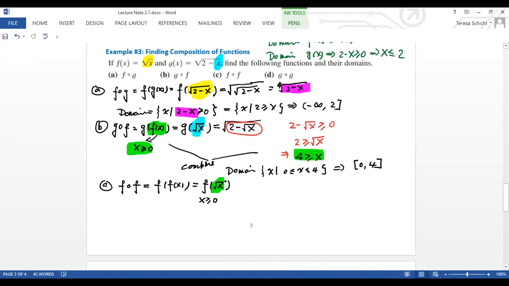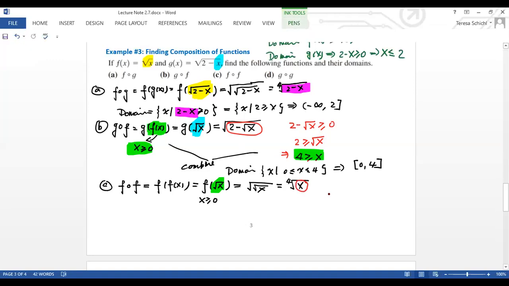Now you plug in again into the f function. So this will be the square root of the square root of x, which is the fourth root of x. I know the fourth root is inside here, so I need to check the second domain.